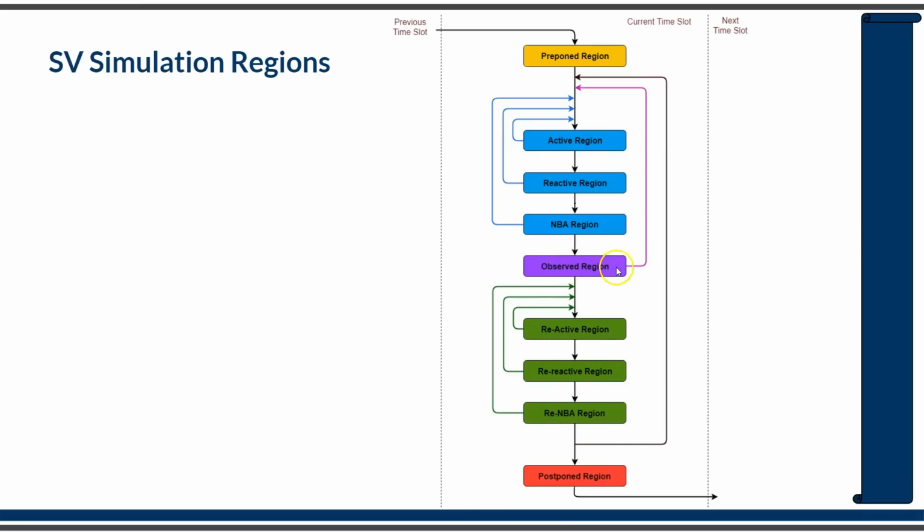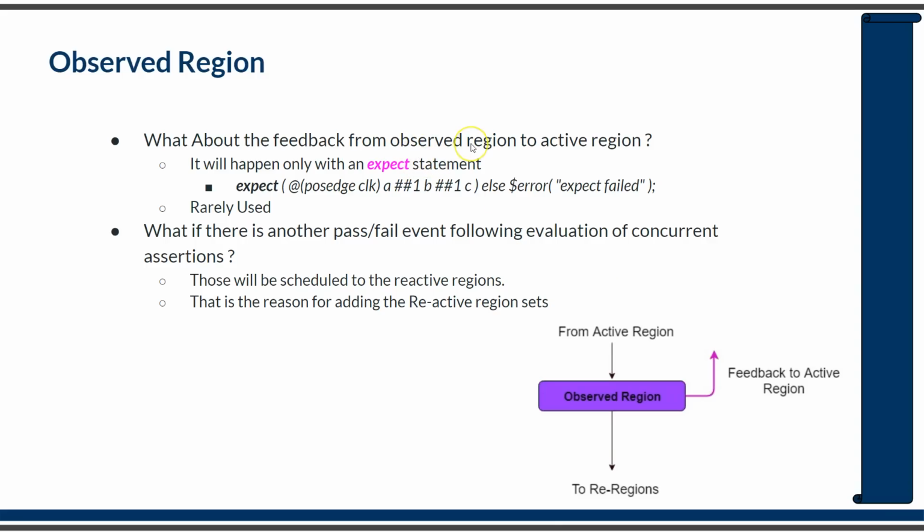This feedback will happen only if there is an expect statement in the concurrent assertion. You can write a concurrent assertion along with an expect statement. If the statement is written with the expect keyword, then only this feedback from the observed region to the active region will happen. And that will happen only if this expect statement is written in a module.